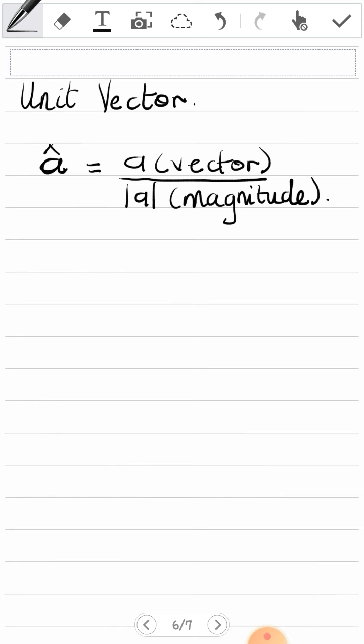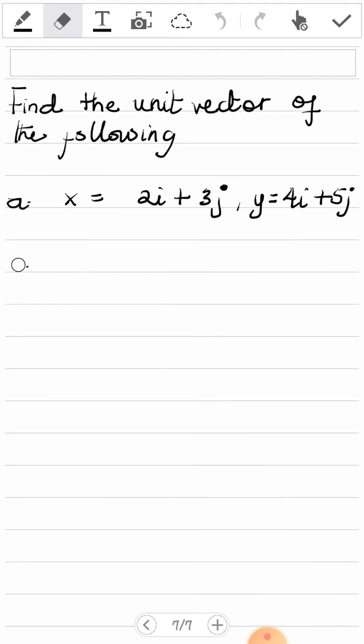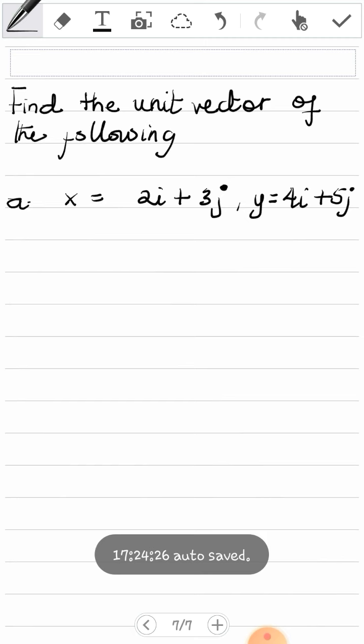So with that in mind, I will solve a question, then you will see and appreciate the whole concept on unit vector. Alright, so with this one too, I will erase b, then I will find for x and y. So I have to find the unit vector for x and the unit vector for y.